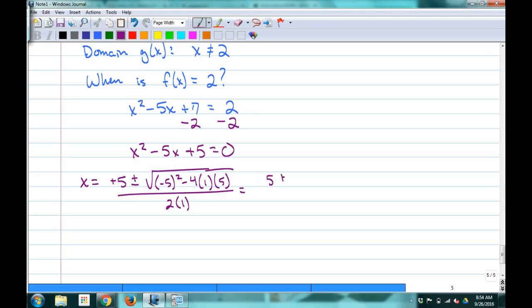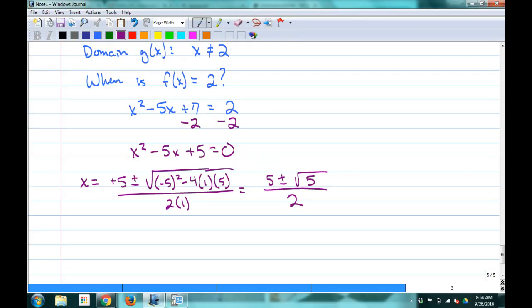So 5 plus or minus the square root of 25 minus 20, which is 5, over 2. Are those real solutions or complex? Real. So that means they're important places. If they were complex, then you wouldn't even have to worry about it. That means there are no restrictions from them. Remember, complex doesn't show up in the domain.